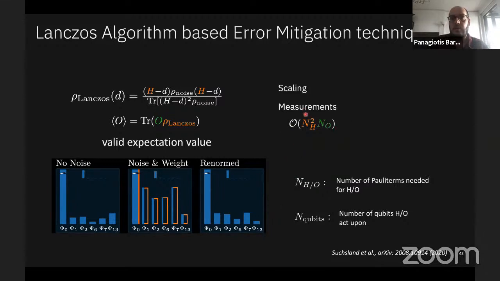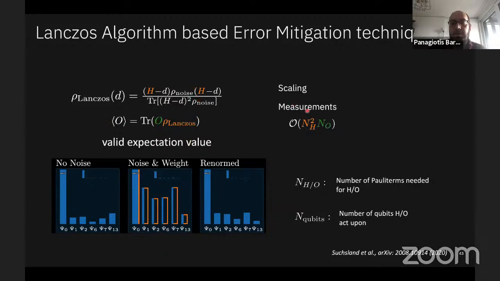In this work, we numerically demonstrated that we can get quite low errors, very close to chemical accuracy for chemical systems, and that this method allows for error mitigation. The way this works is that you need to construct the density of the Lanczos according to the expression that we have here, and reconstruct your expectation value based on this density.